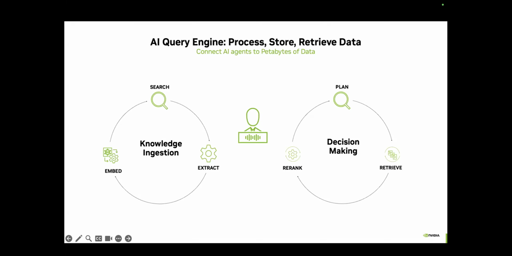You give it more information, it makes decisions, and it generates more information and saves it back to your database. So we have what we call internally a data flywheel spinning up. All in all, the idea is simple: process the data, store the knowledge, let the AI retrieve and act on it. If you can get these two loops right, you can connect AI agents to all kinds of data and unlock all kinds of new possibilities.